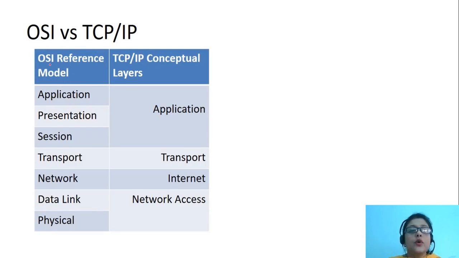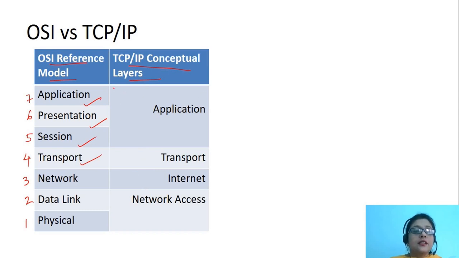We have studied the OSI reference model in the previous class, and we have seen that there are 7 layers of the OSI model, starting from the physical layer as the lowest layer, then data link layer, network layer, transport layer, session layer, presentation and application layer. We have seen here in the TCP IP model there are only 4 layers.